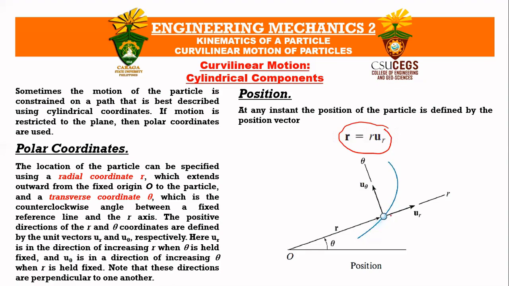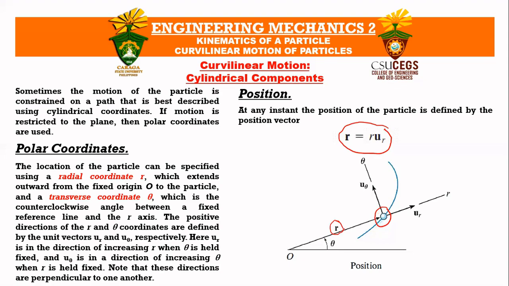Here is our particle moving along a curved path, described using polar coordinates. The polar coordinates are the radial coordinate, which extends outward from the fixed origin O to the particle. So this is the radial coordinate.